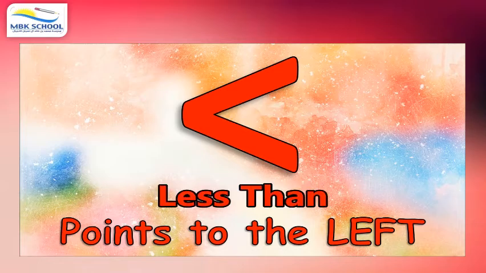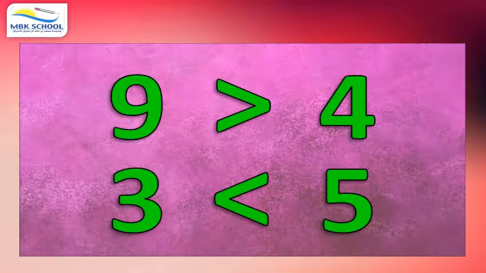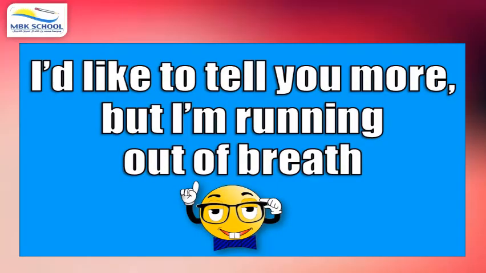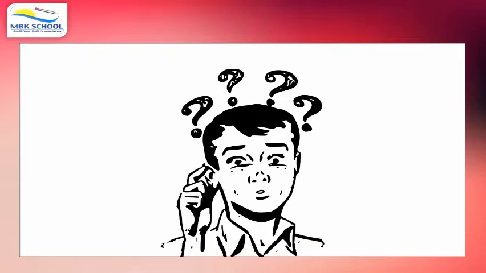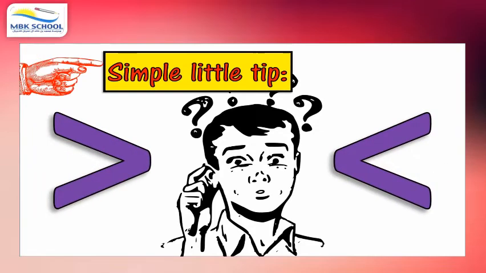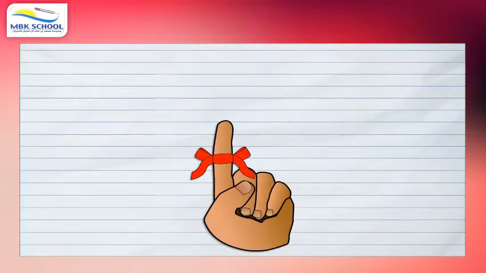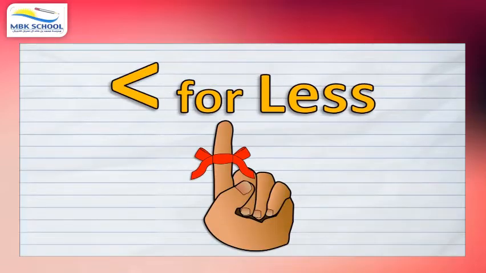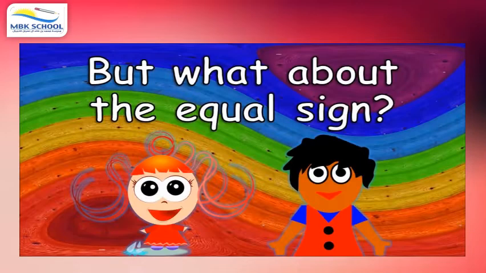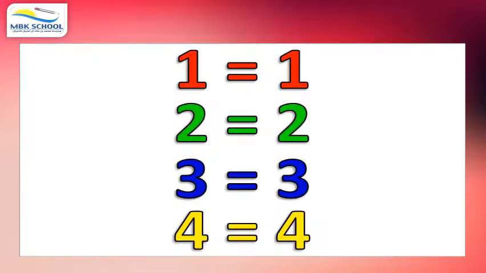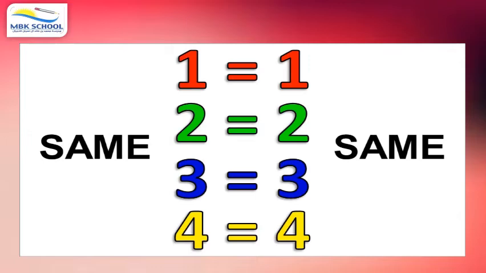The less than symbol points to the left. The symbol always points to the number that's smaller. The less than symbol is shaped like an L. Just remember L for less. The equal sign means the value of the numbers is the same on both sides.